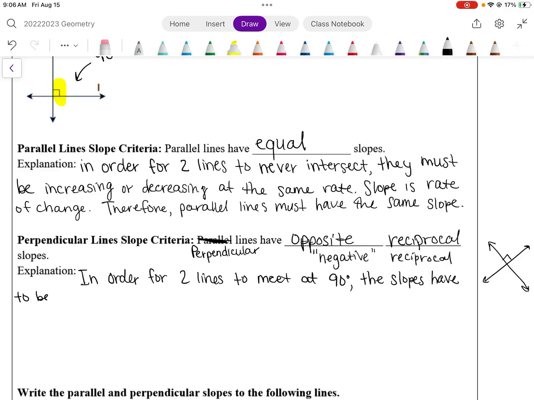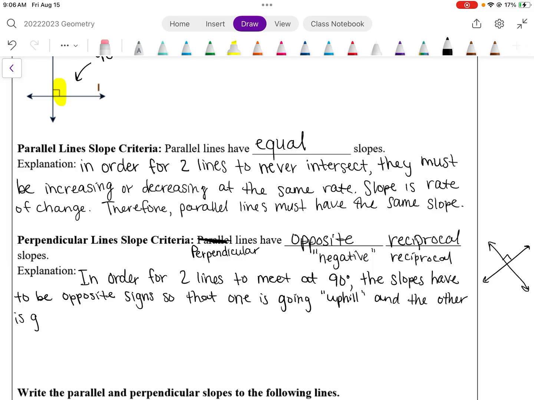These slopes have to be opposite signs so that one is going, and I'm going to put this in our own terms, one is going uphill and the other is going downhill.